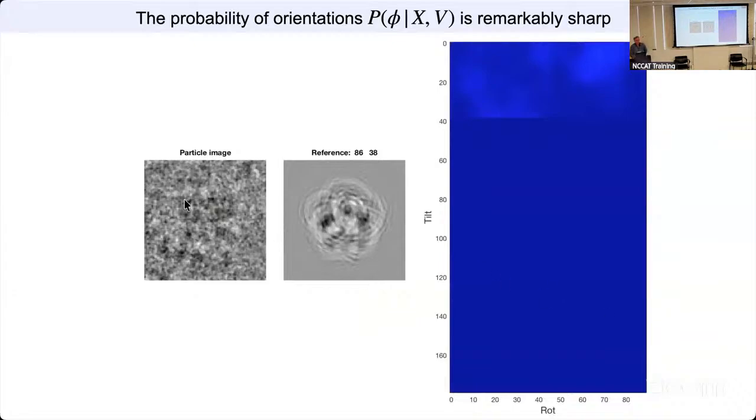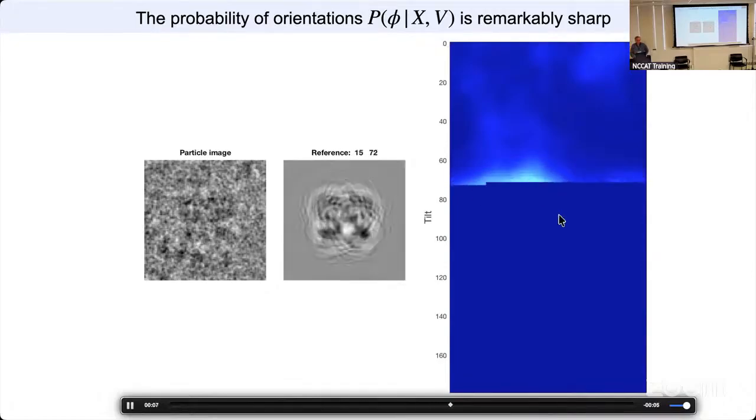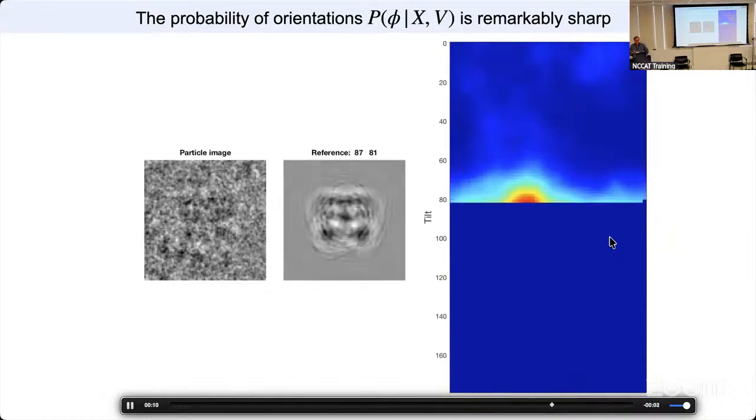You take a particle image and you compute the CTF-modified projection of the model as you change the angle of orientation. Here we're going through various spin angles and various tilt angles, and I'm plotting as a heat map the probability of this being a good match, or let's say the square difference between the reference and the individual image.